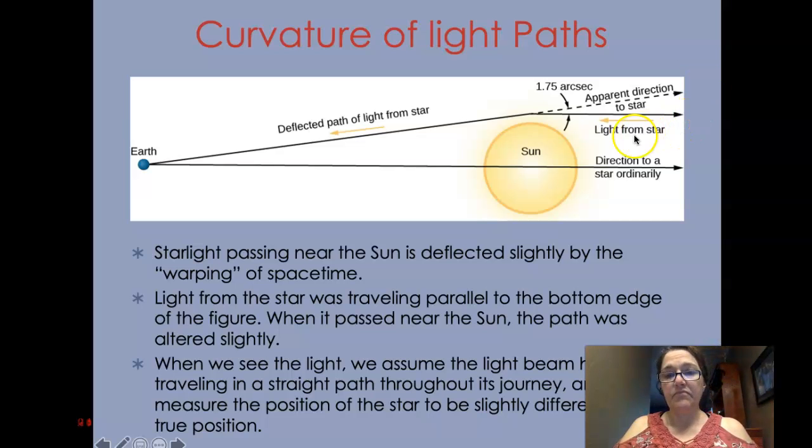But we have the sun and the light ray coming in from the star, and so it gets bent and comes in towards us. The light from this star should have been along this line. And so when we look at the star, we look out this way and we assume that the star is out here, but it isn't.